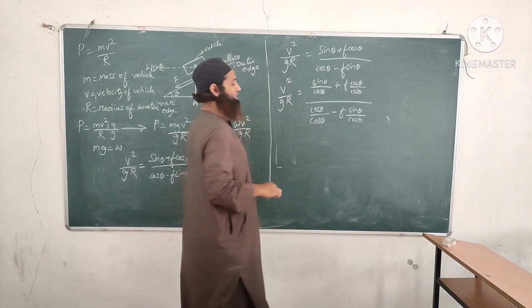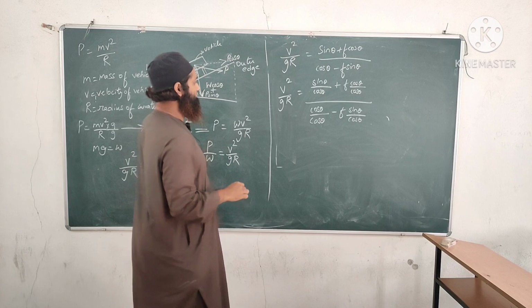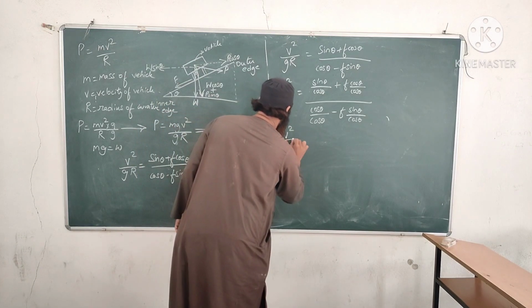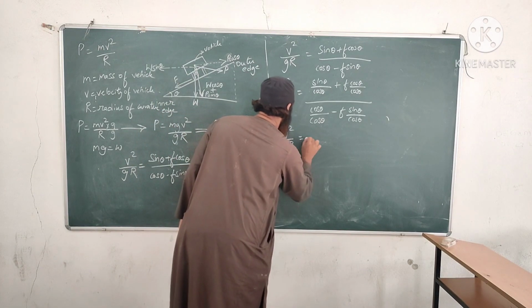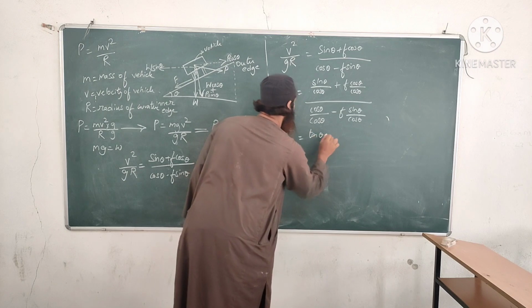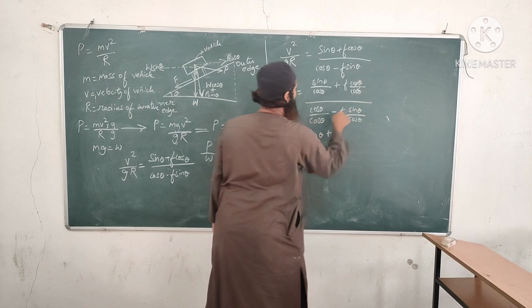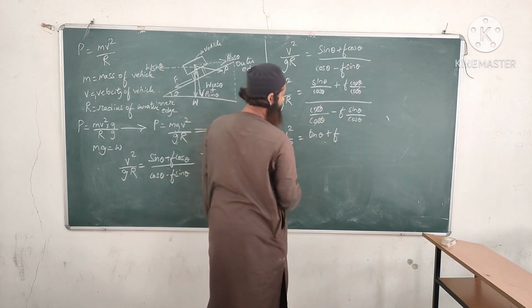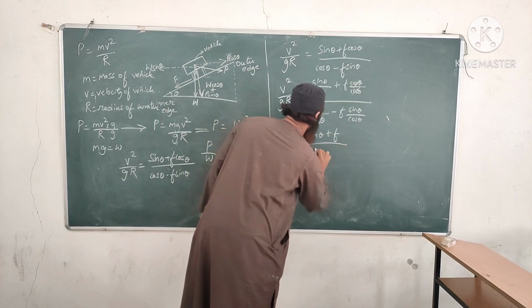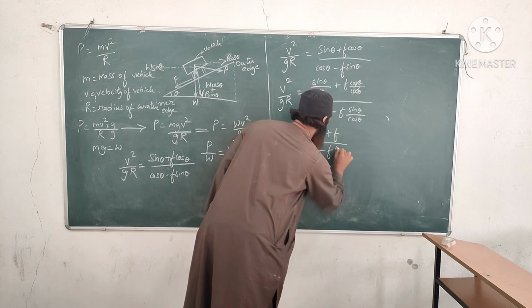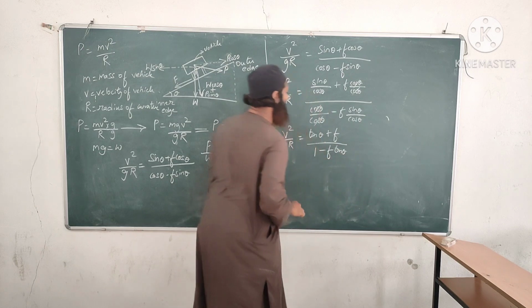All of you know sin theta by cos theta is tan theta. So v square by gr is equal to tan theta plus F, as cos theta gets cancelled, by 1 minus F tan theta. Hope this is clear till here.